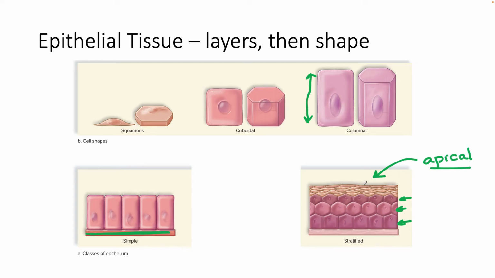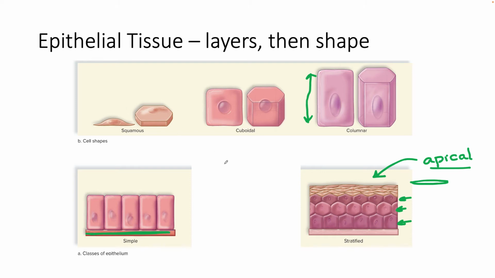So the apical surface is this sort of the free surface, the surface that either is outside the body or towards the lumen or the hollow space inside an organ. So because these cells have this sort of smushed flat shape to them, they're squamous on the apical surface.